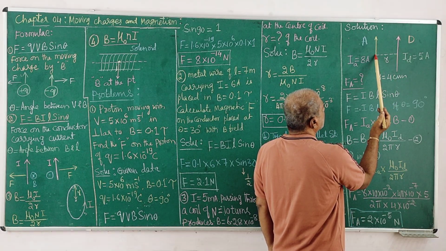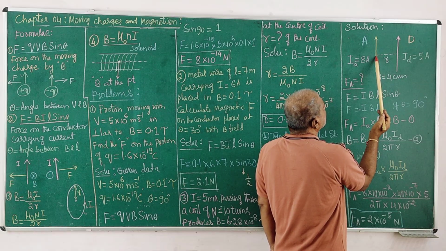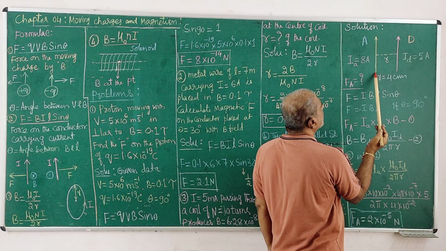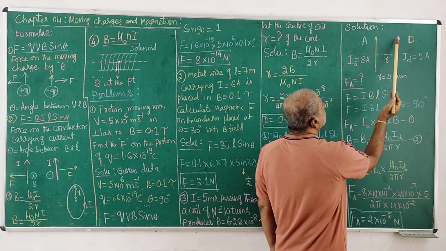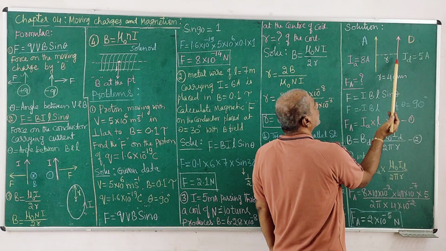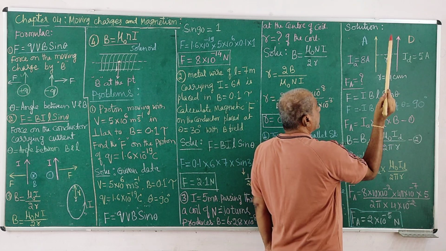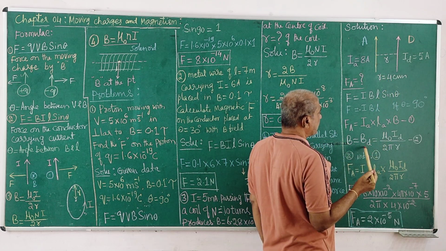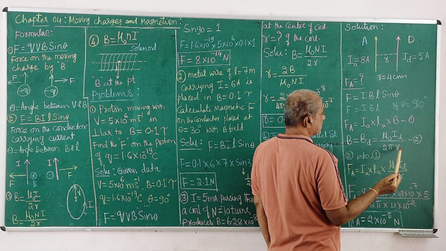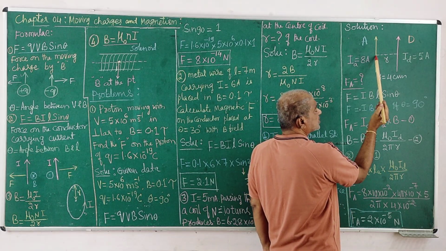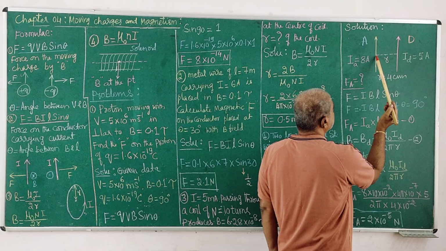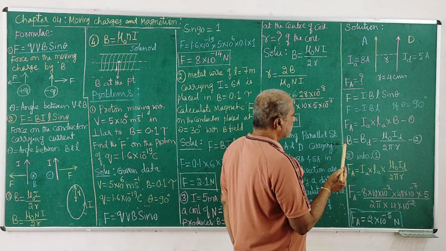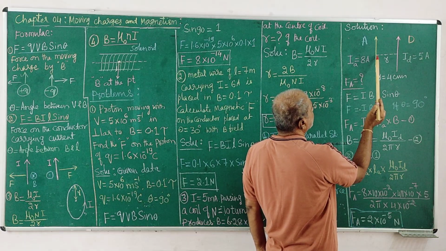This is a point, and the B at this point and any point on the line will remain the same because the current in the conductor is uniform, 5 amperes all over. So at any point on the conductor the B value remains the same. That is BD at this point, where the distance is R, the perpendicular distance between this point and this conductor. This is the amount of magnetic field at this point.